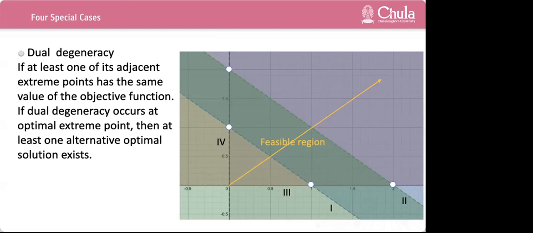In that case, the solution is not a single point, but there are many points, many sets of solutions which all have an identical objective function value. So we have a number of solutions, starting from this corner to this corner, right?